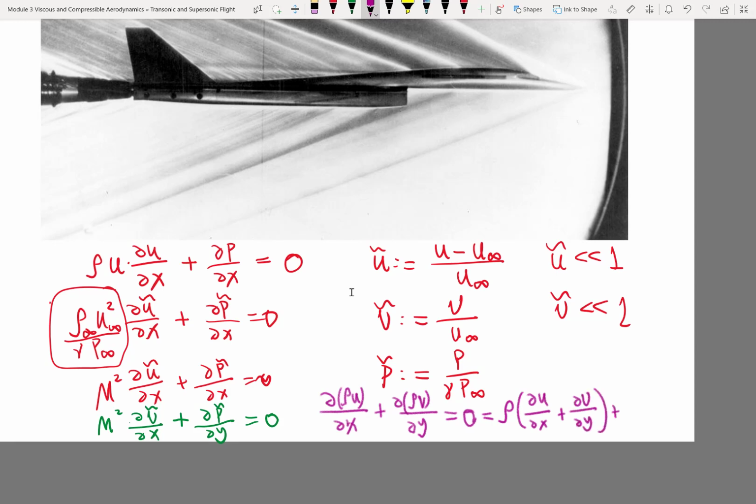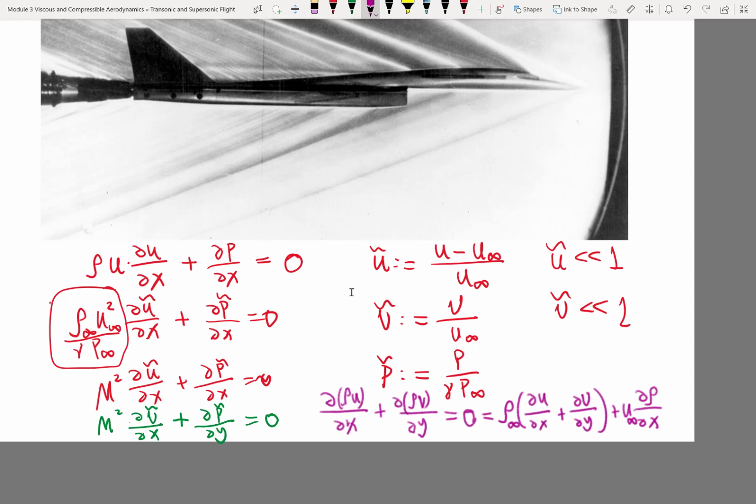And another term is u times d rho dx plus v times d rho dy, but v is going to be so small that it doesn't matter. And the difference between u and u infinity is also so small that this doesn't matter, right? I can basically change this to u infinity and change this rho to rho infinity without neglecting any first order terms. I'm only neglecting the square of small numbers. All right?